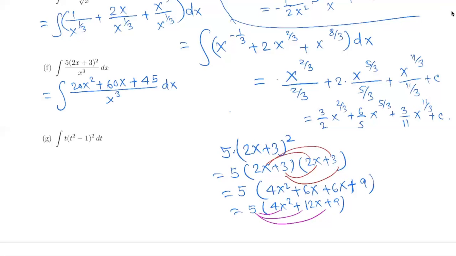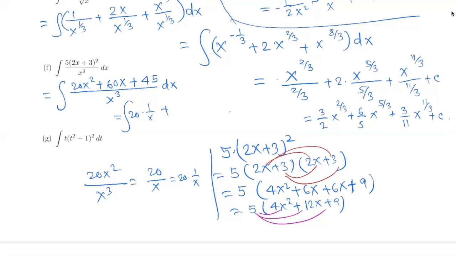Now we can separate into 3 fractions like previous questions. So I'm going to do that quickly because we've done it twice before. So 20x squared over x cubed. That's 20. We can cancel 2 copies and write 1 on the bottom, 20 over x. And let me write this 20 as 20 times 1 over x. Same thing. That way, when I integrate, the antiderivative of 1 over x is natural log of x. So 20x squared over x cubed, I'm going to write 20 times 1 over x.